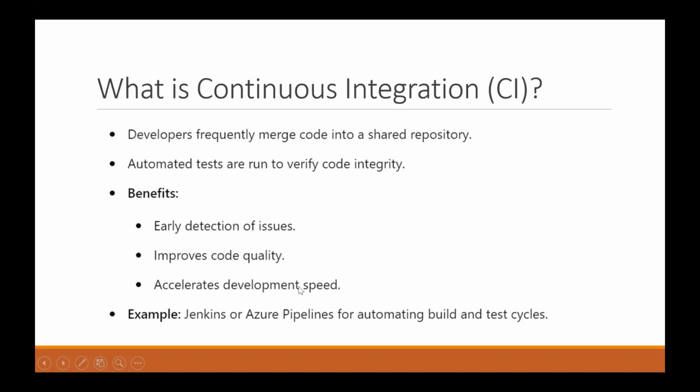What are the examples? Jenkins or Azure Pipelines for automating build and test cycles. These are some of the tools, like Jenkins, Azure DevOps pipelines, GitHub Actions as well. There are so many tools available to achieve this continuous integration feature.